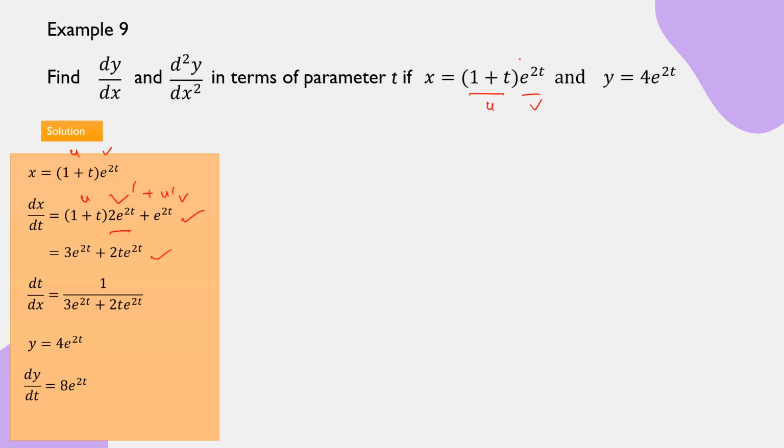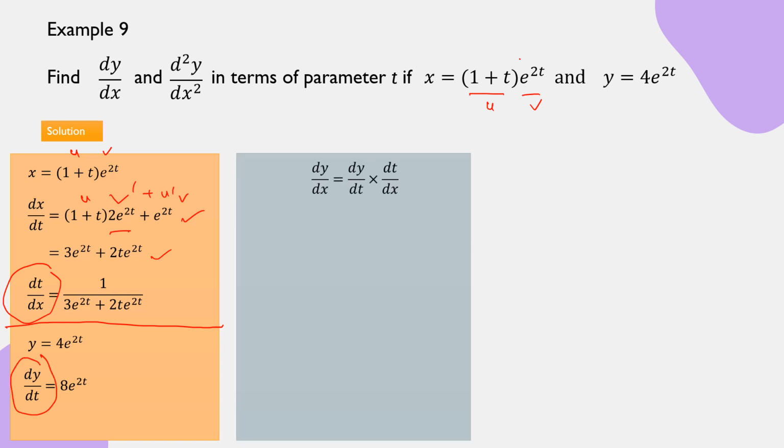Okay, next, this is dx/dt, this is dy/dt. Next, we find dy/dx. dy/dx equals dy/dt times dt/dx. dy/dt equals 8e^(2t), and then dt/dx equals 1 over (3e^(2t) + 2te^(2t)).